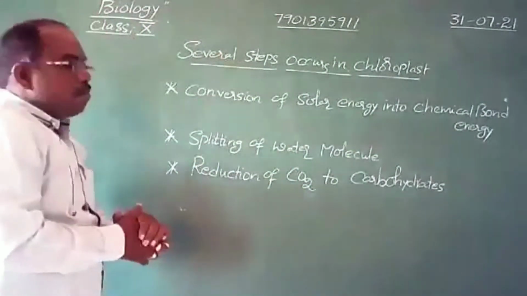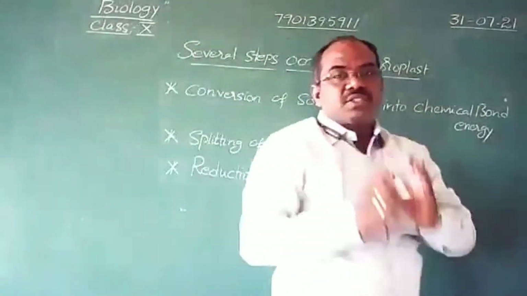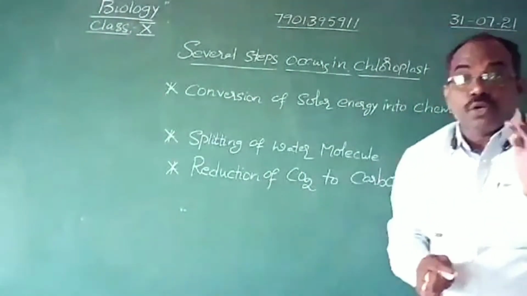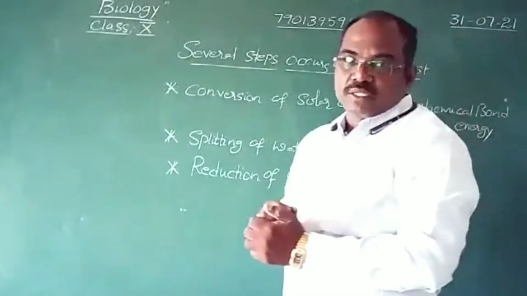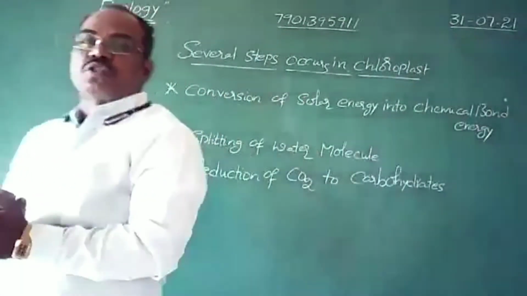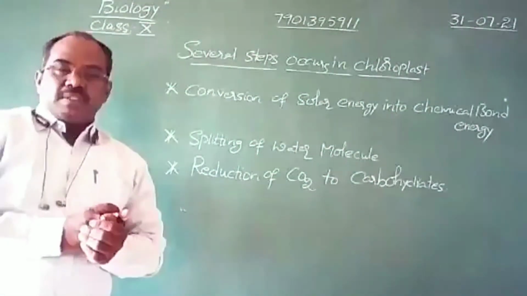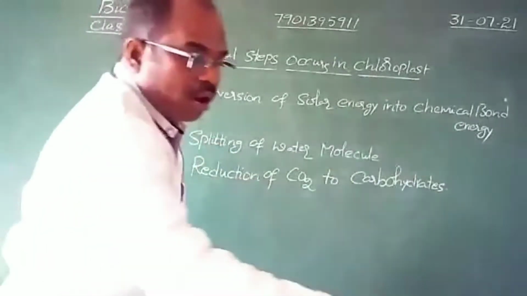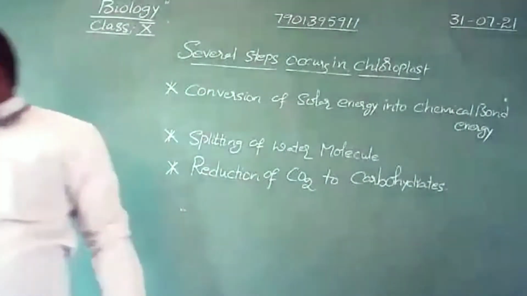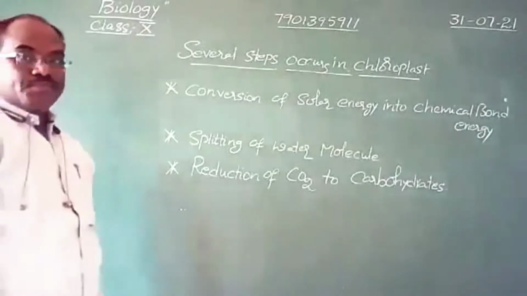These are the main steps that occur in the chloroplast during photosynthesis. Okay, write down all of you.